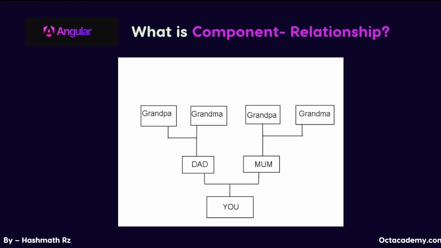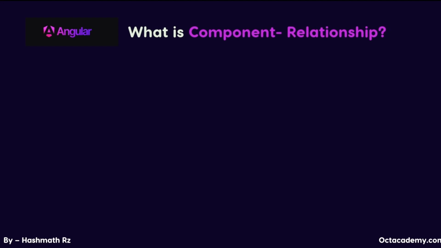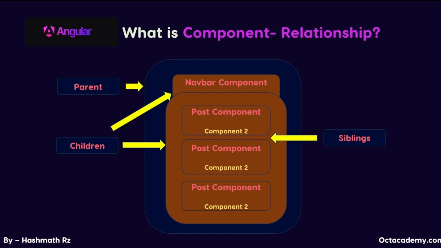In a family, you have parents, children, and siblings. So they are all related to each other in different ways, right? Similarly, in an Angular application, components can have relationships with each other. So they can be parent components, child components, or sibling components.